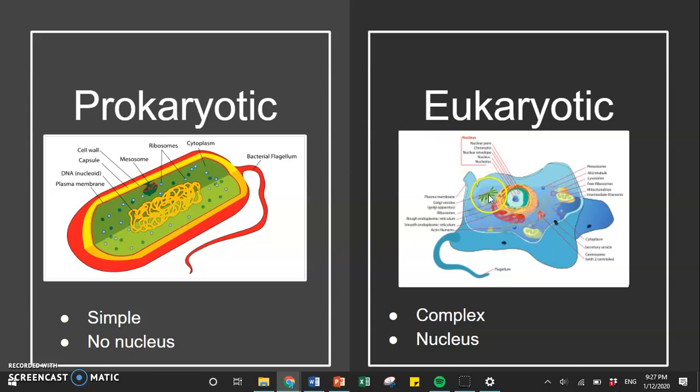And all of these organelles, so the Golgi apparatus and the mitochondria, and all these ribosomes, etc., that are all doing all kinds of different functions in the cell. It's not important to know them, but it is important to know the differences between these two kinds of cells. So prokaryotic, no nucleus, really simple. Eukaryotic, nucleus, very complex.